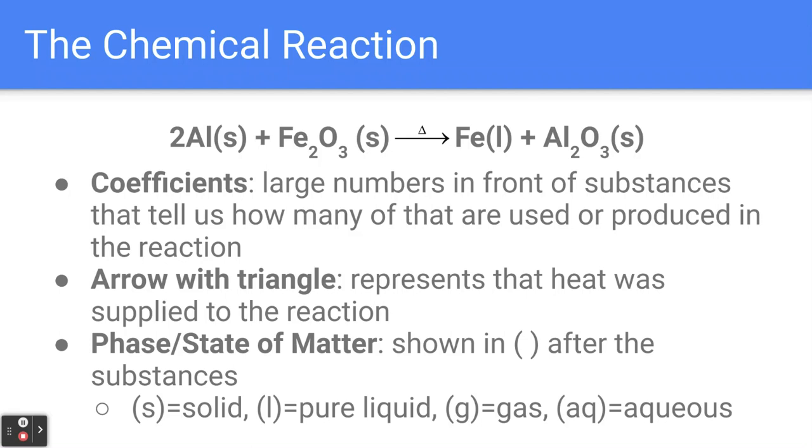So that tells us that we needed heat in order for this reaction to occur. And then you also see those phases or states of matter shown in the parentheses. S stands for solid, L stands for pure liquid, G stands for gas, and AQ stands for aqueous. Remember that aqueous means that that substance is dissolved in water.